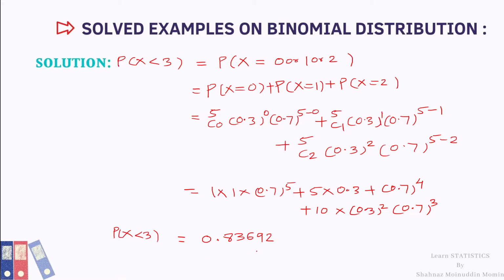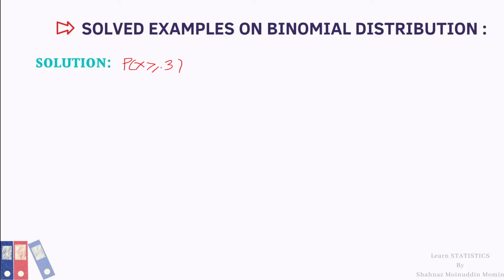Now we shall calculate the probability x greater than or equal to 3. This probability can be calculated in two ways.